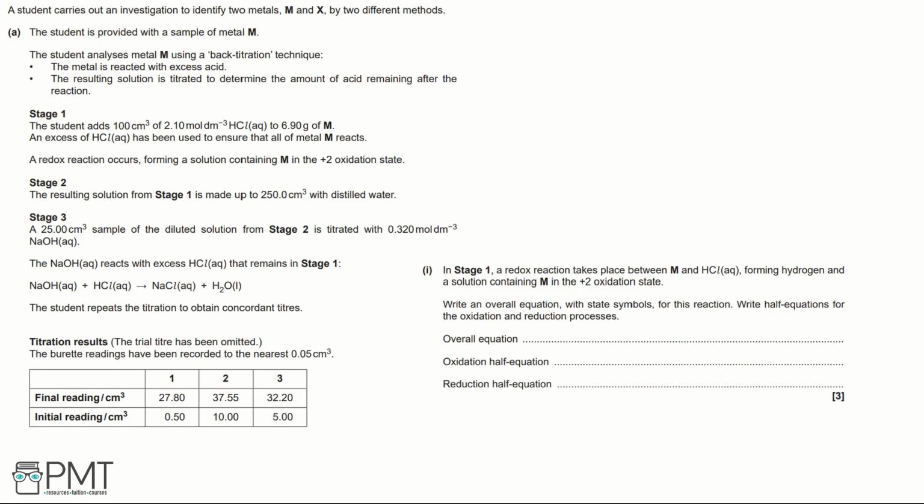So, starting with the overall equation, we know that we have M and HCl, hydrochloric acid, reacting together to form hydrogen and a solution with M in the 2+ oxidation state. Our reactants are pretty straightforward.